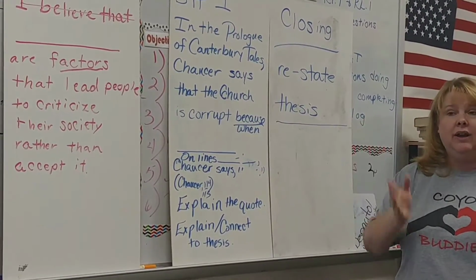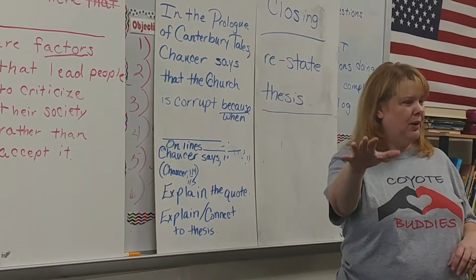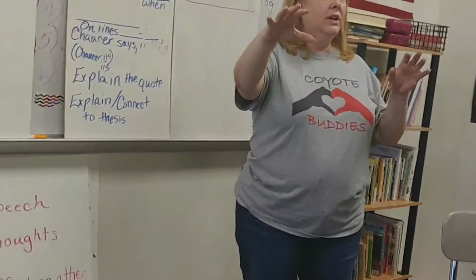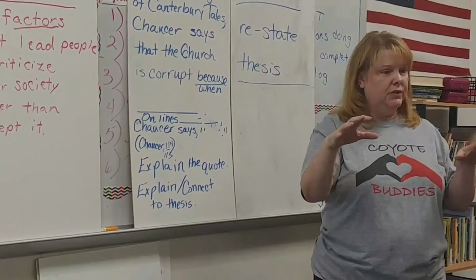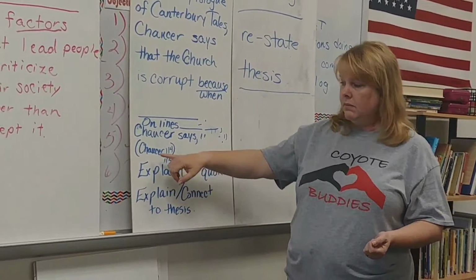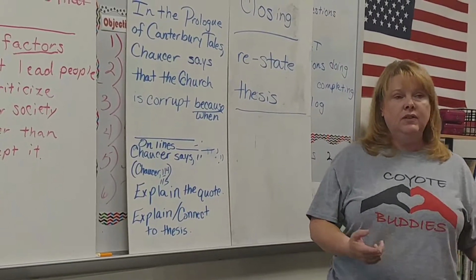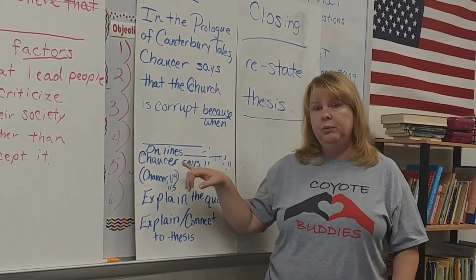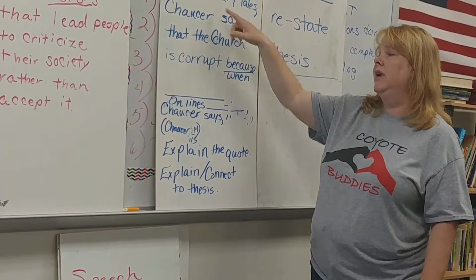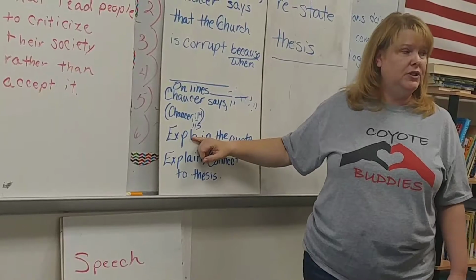If you're going to cut things off, what are those three dots called that help us take out a set of words? Ellipsis, okay, or ellipses if there's more than one. So you're going to use those to connect two different pieces that are really important to what you're trying to say, okay? So you can cite two different ways. This is called in-text citation. If you put on lines blank through blank from the prologue of Canterbury Tales, comma, Chaucer says, comma, that is one way to cite.